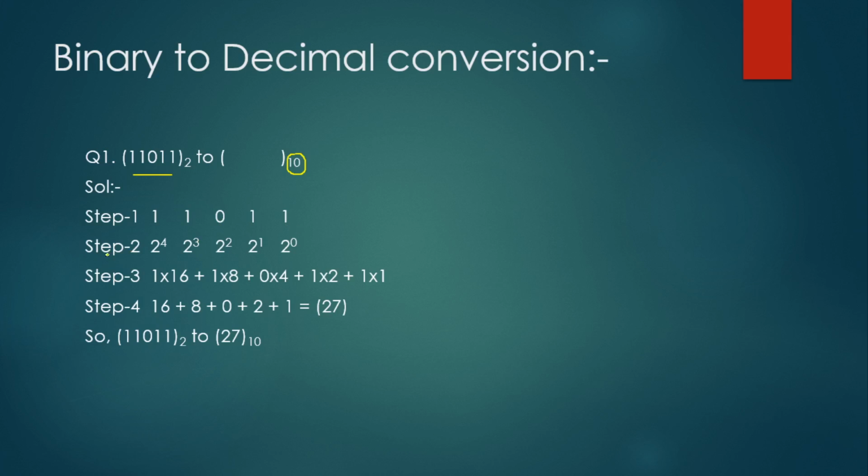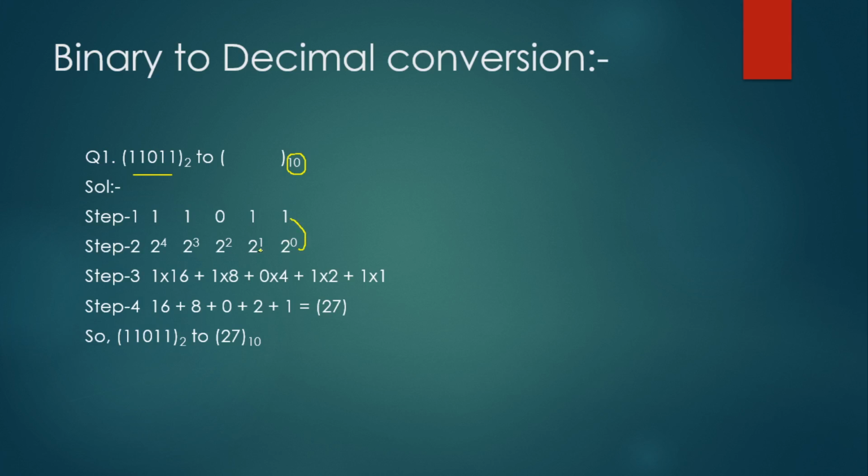Now step 2. In step 2 we have to find the positional weight of each digit. Positional weight is always represented by the base value of a number, and we know that the base value of a binary number system is 2. So here we have written 2 raised to power 0, which is the positional weight of this 1.